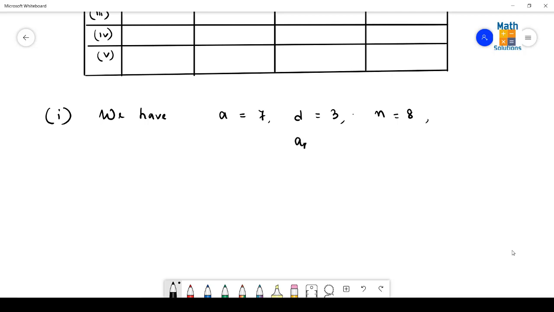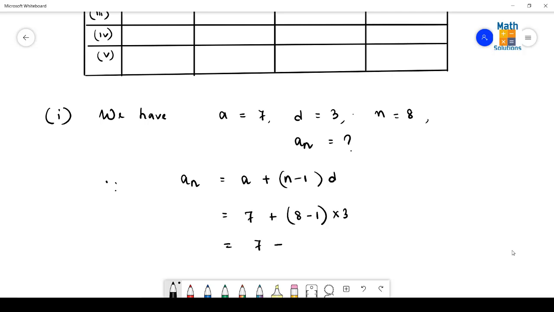To evaluate the nth term, since the formula is already known to us, a_n is equal to a plus (n minus 1) d. So in place of a, I can put the value 7, plus in place of n I shall be putting 8, minus 1, in place of d I shall be putting 3.